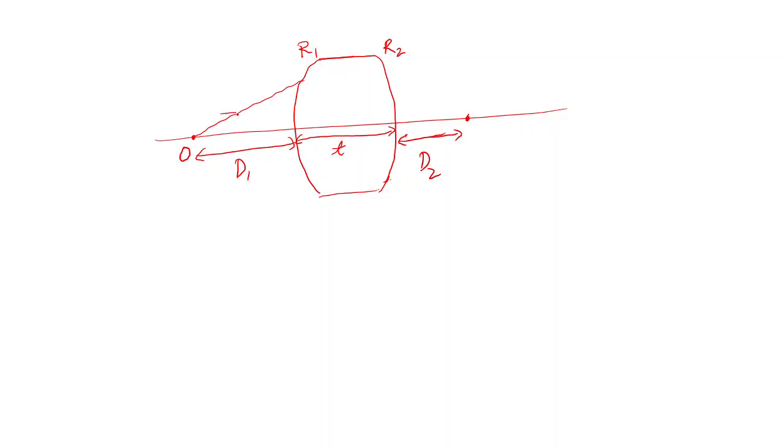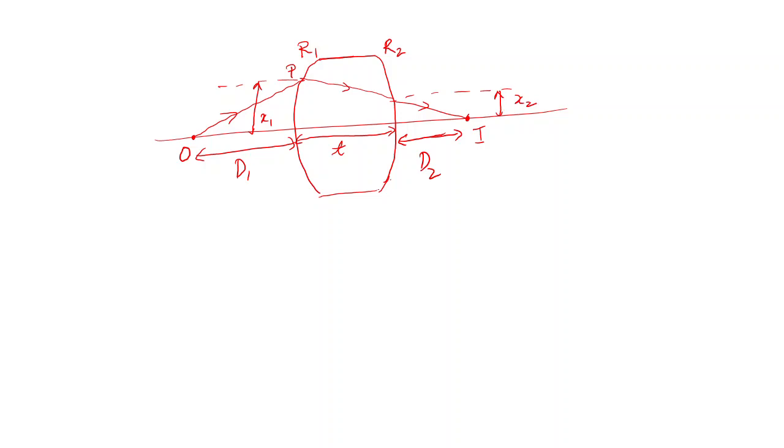So now if a ray is going this way, right? If I look at point P where the ray is incident, and we can call this, say, as x1, right? And of course this ray gets refracted, so it bends away from the normal, and then it goes and meets the image point here. So let's call this image point as I, and let's call this height as x2.